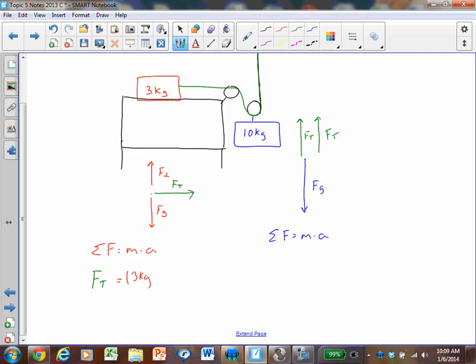Two unknowns, but we're going to have two equations, right? So over here, what's my winner in this direction? Fg, that's right. Minus, what are my two losers? Two Ft's, right? So we can just put those together, it's 2 Ft's.